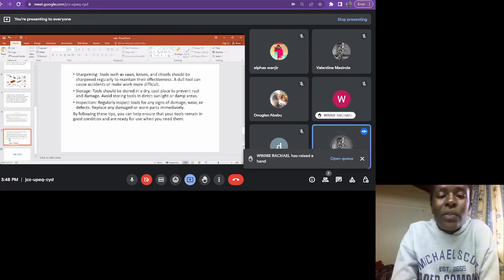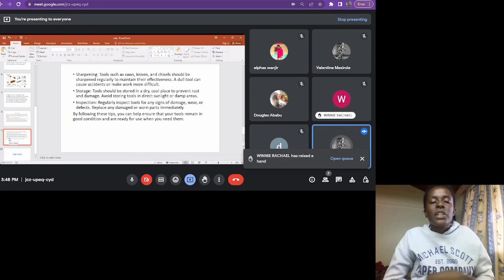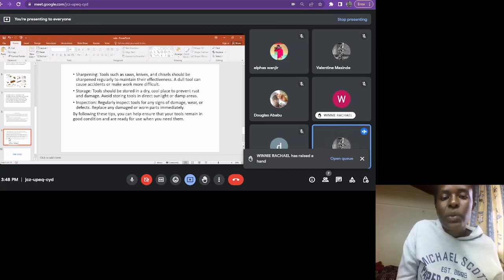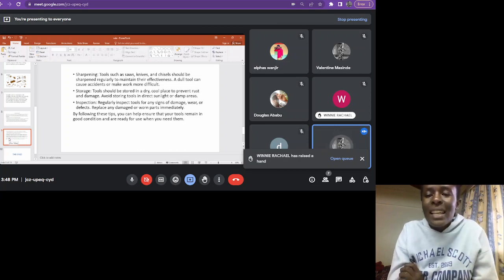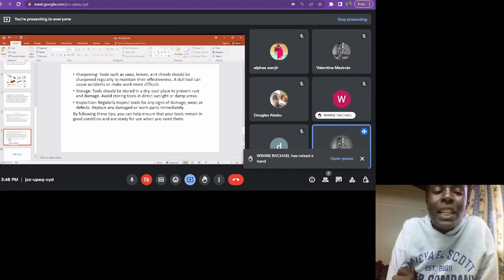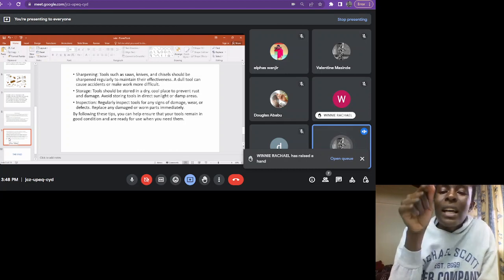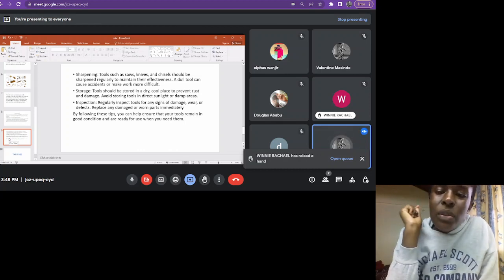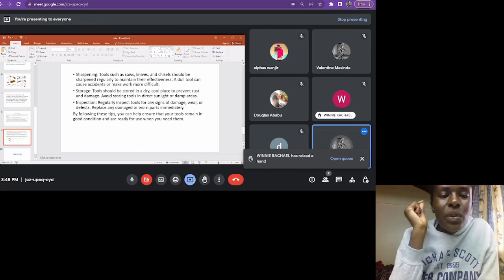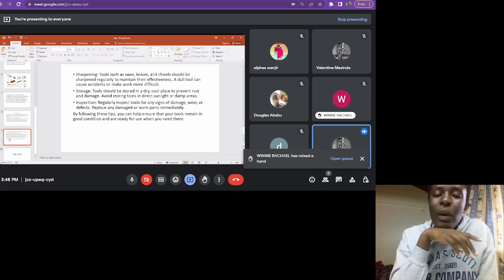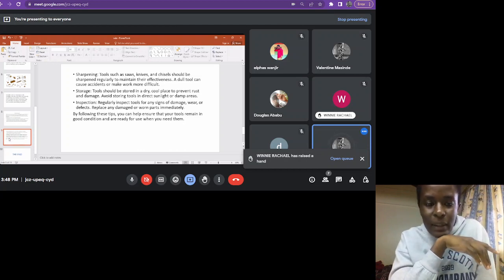Another type of tool maintenance, we have sharpening. Tools such as saws, knives, and chisels should be sharpened regularly to maintain their effectiveness. So in sharpening, we'll use a file to sharpen those tools. A dull tool can cause accidents or make work more difficult.